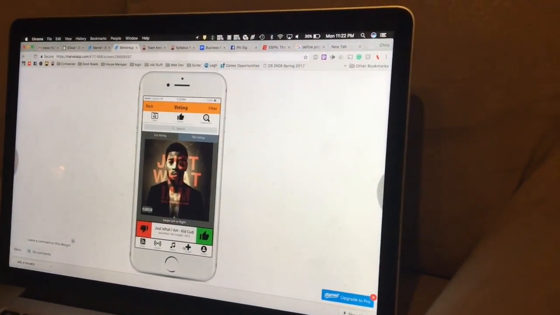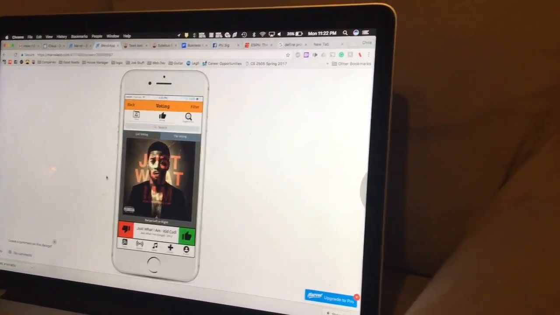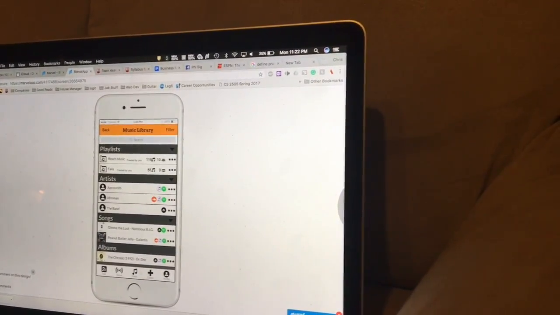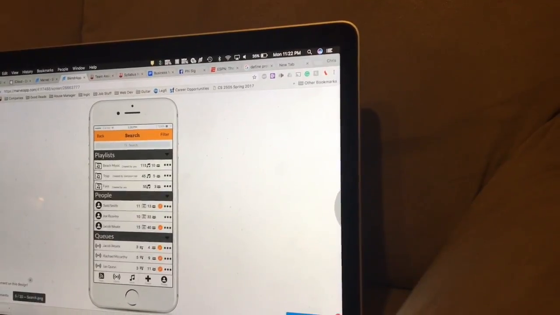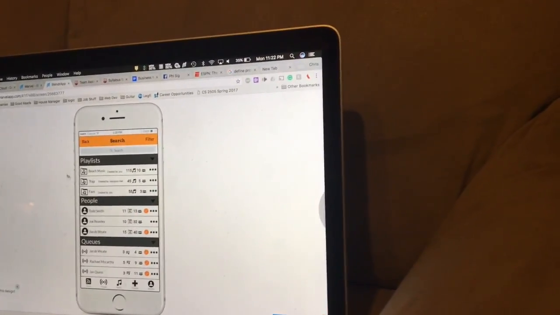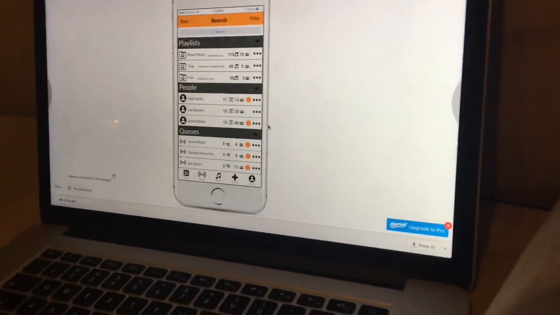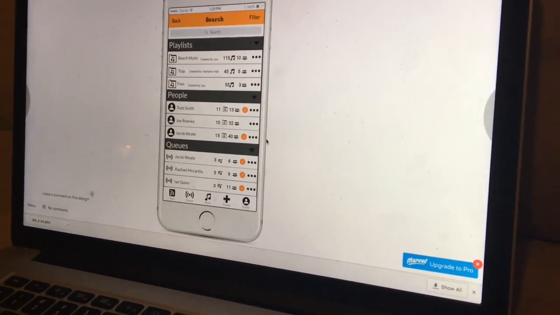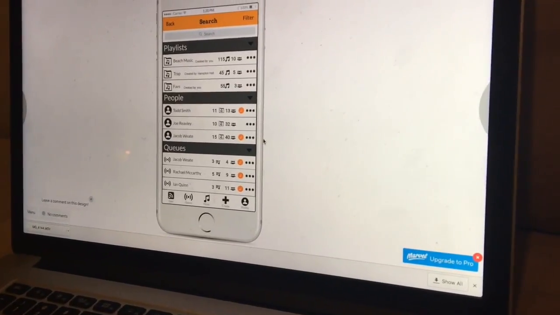Yeah. So one thing I didn't quite go into was... let me go back a few slides. So this is the search feature, where you can look up your friends and go through their playlists.